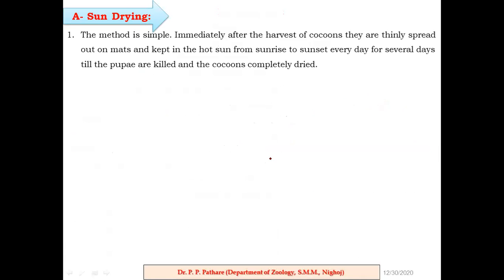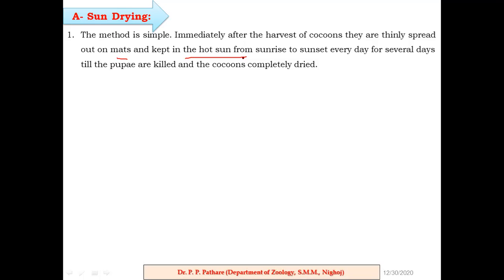Immediately after the harvesting of cocoon, they are thinly spread out on the mat and kept in the hot sunlight from sunrise to sunset every day for the next several days, till the pupa are killed, or die inside the cocoon, and the cocoon is completely dry. That is called sun drying.